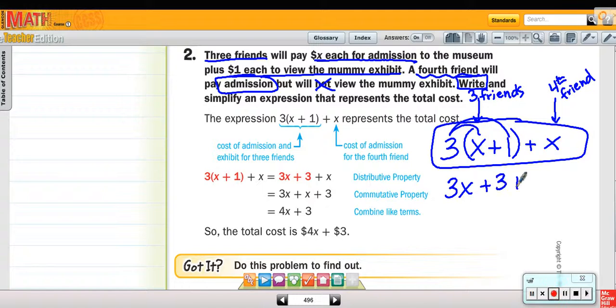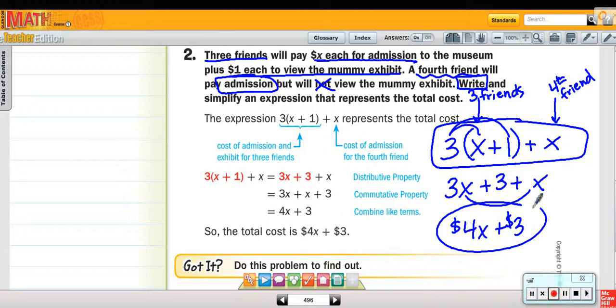So plus 3 plus, I still have that X. Yeah. Now do we have some like terms? We can combine what? Alex? 3x and the x. Which gives us 4x. 4X plus, we have what? 3. Now this is money, so we need to put dollar signs in there. There's my simplified expression.